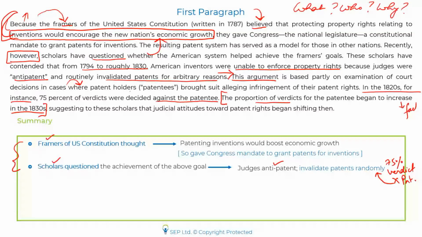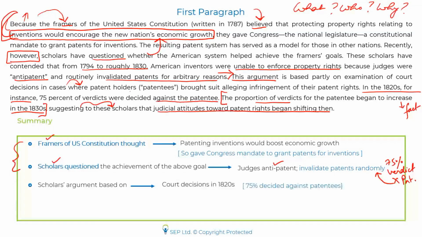And this is the fact used by these scholars to say something, suggesting to these scholars that judicial attitude toward patent rights began shifting then. So we are summing up that the scholars' argument is based on the court decisions: in the 1820s, 75% were against the patentees.